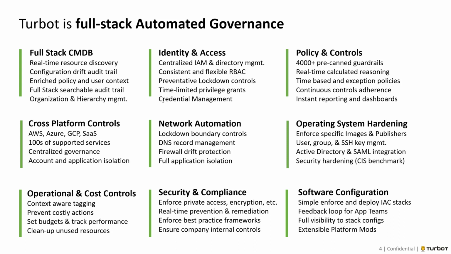Beyond the cloud layer of managing your cloud services with prevention and correction controls, you also have all your networking automation, so all of your cloud networking components, from your virtual private clouds or virtual networks to your NACLs or security groups or network security groups, your gateway associations, your ExpressRoutes. All of your boundary conditions, configurations, and routing can be managed in the concept of guardrails.